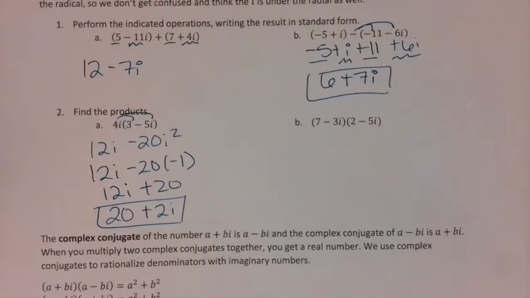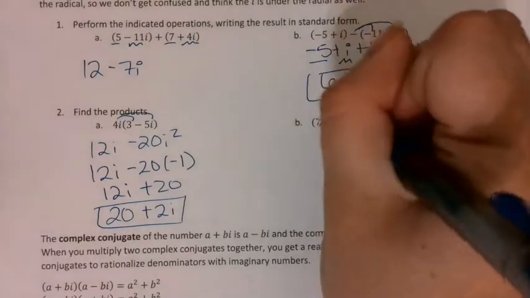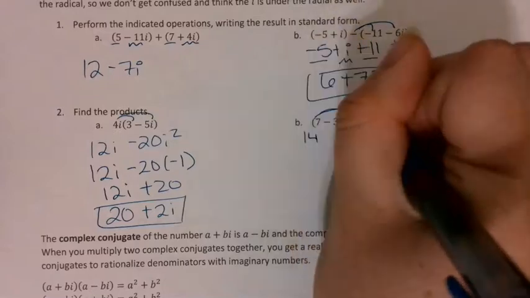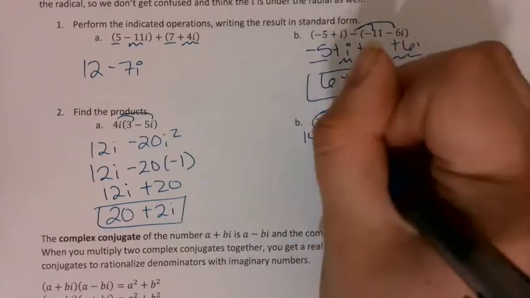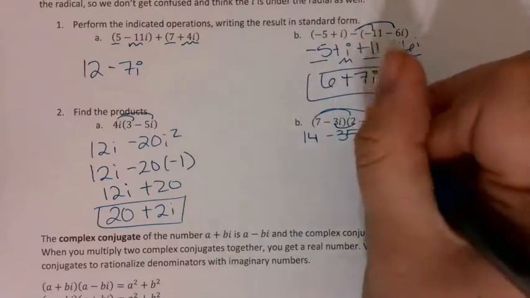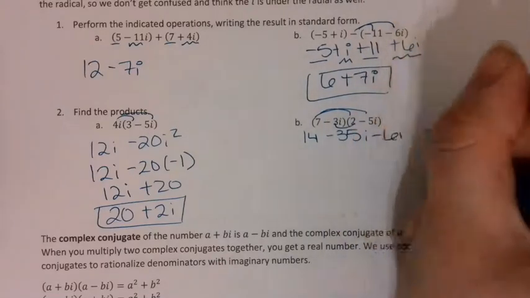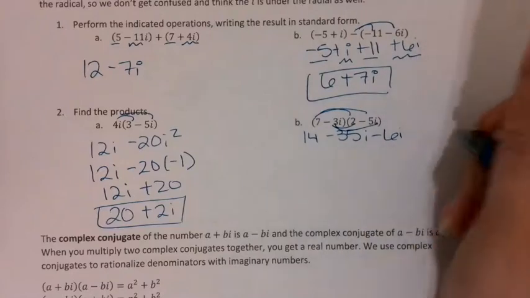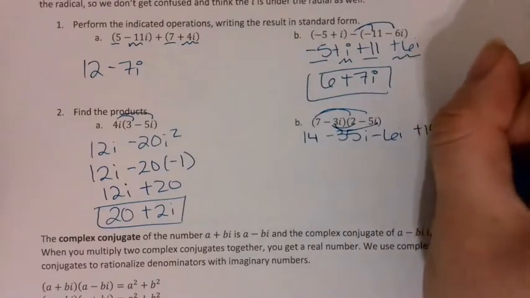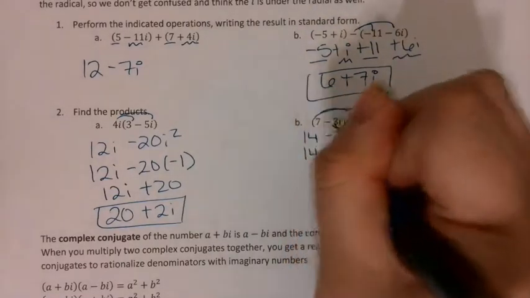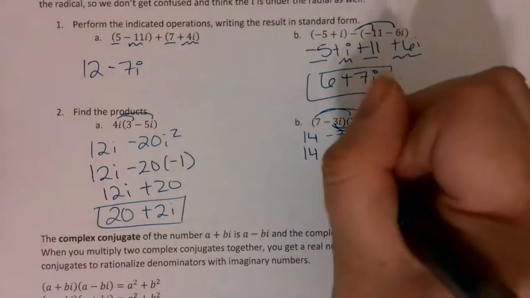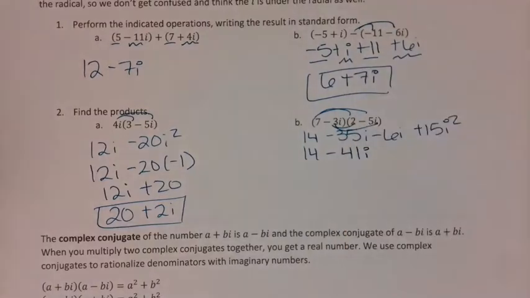Over here on b, I'm going to FOIL like it's two binomials. So I have 7 times 2, which gives me 14. 7 times -5i, which gives me -35i. -3i times 2 is -6i. -3i times -5i is positive 15i squared. So I'm going to combine like terms. So I have -35i minus 6i, which gives me -41i.